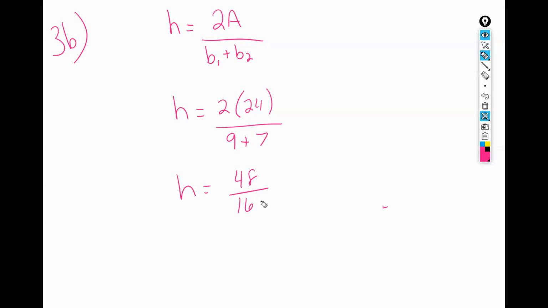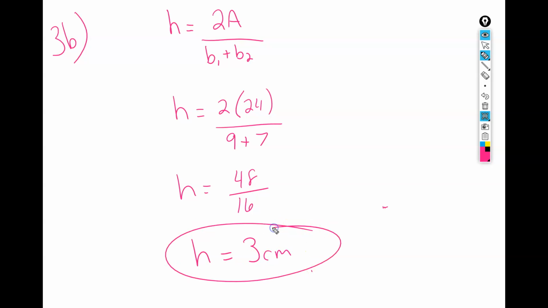And 48 divided by 16 gives us 6. So the height, no, 3. So that gives us 3 centimeters for the height of the trapezoid.